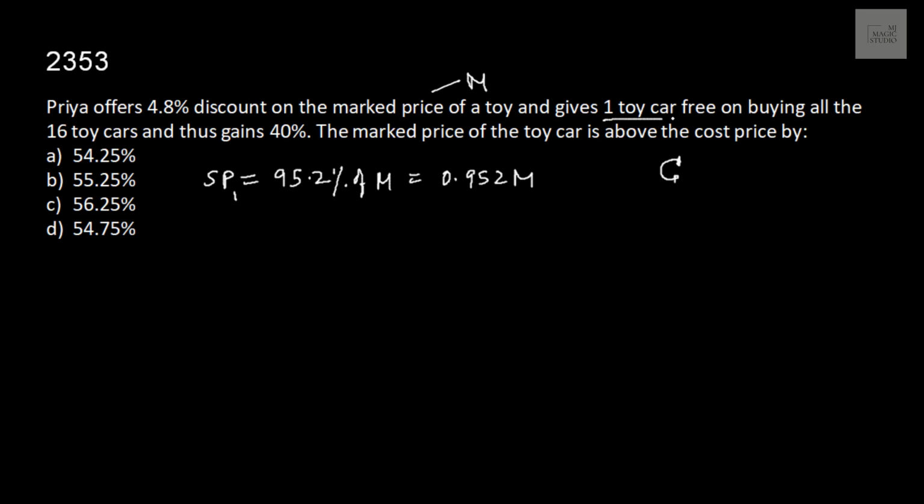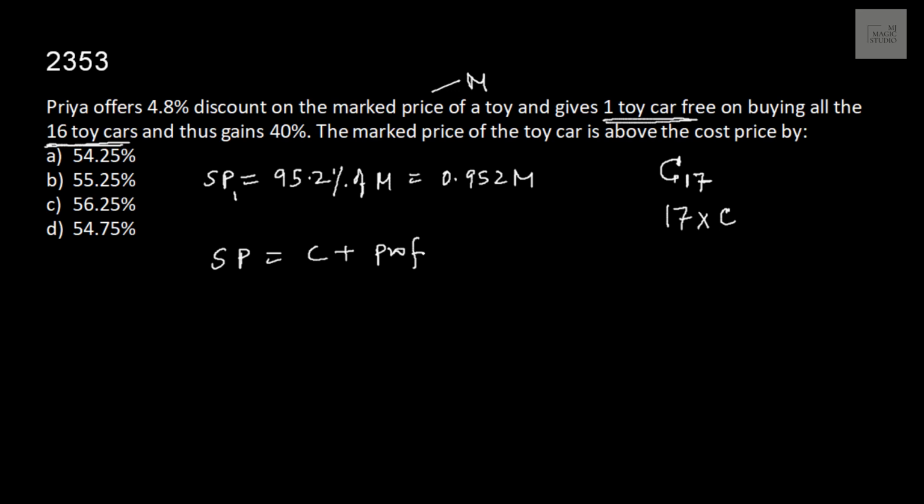How many cars are sold? One toy car for free and 16 toy cars sold. That means 17 cars are sold. Cost price of 17 cars would be 17 into C. But actually she has received money for only 16 cars because one car was free. So we can say that selling price is cost price plus profit.